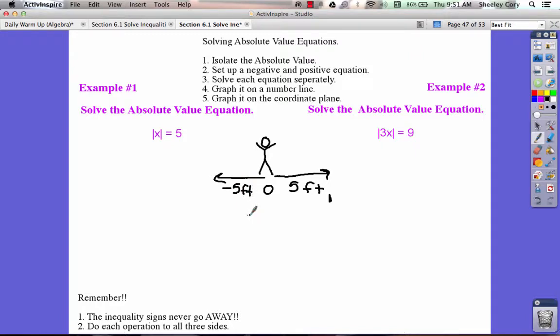But really, is he actually going a negative distance? Is there ever a negative distance? No, there's not. There's actually just always just a distance that you're walking. The negative sign just stands for the opposite direction. So at this point here, he is still 5 feet from 0. So either of these points, no matter which direction he walks, he is 5 feet from 0.